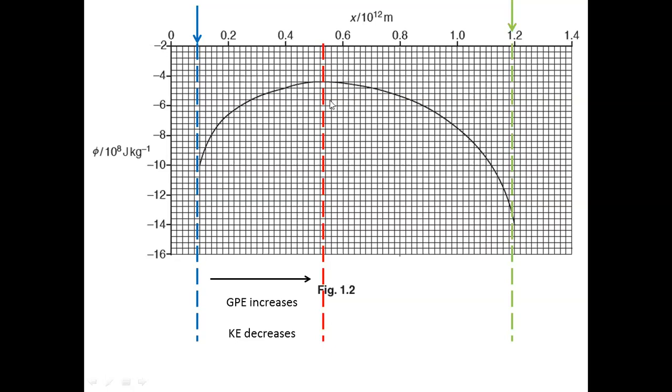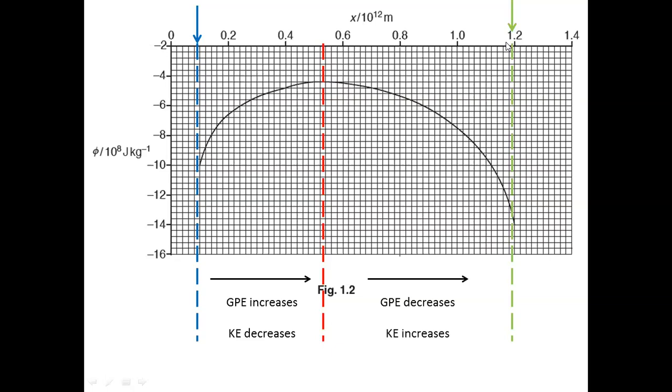Now, if we look at this part of the graph, this part actually tells us that the net effect on the rock is to be attracted towards star B. So as the rock travels from this point towards the 1.2 mark, it gets closer and closer to star B. As it gets closer and closer to star B, its GPE tends to decrease. And at the same time, its kinetic energy increases.